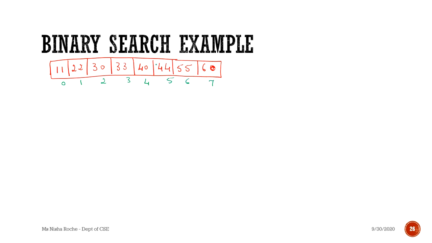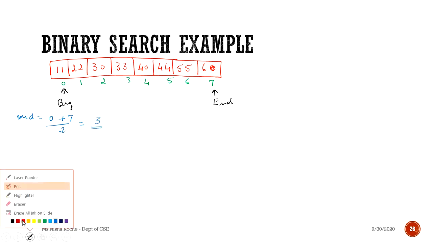So again, the first condition, the elements are in the sorted order, thus you can apply binary search algorithm. So first step, initialize beginning and the end. Beginning is set to 0 and end is set to 7. Step 1, find the mid element. So mid is nothing but beginning plus end by 2. 7 by 2 is 3.5, thus it is 3.